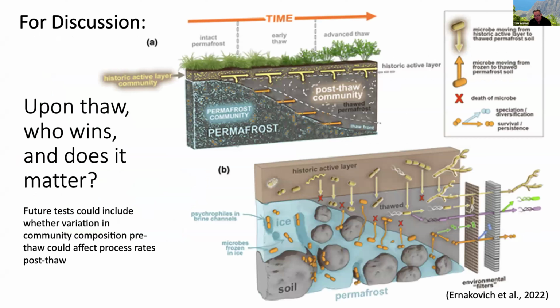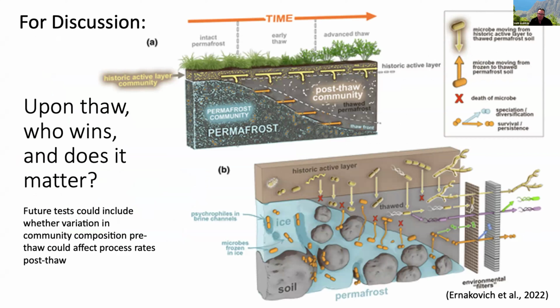Now to get into some discussion points and what this might mean for future studies, some of the real big questions in this area of research are: what if we understand that there's this distribution of microbial communities and their functional traits? The question is, upon thaw, does that actually matter?